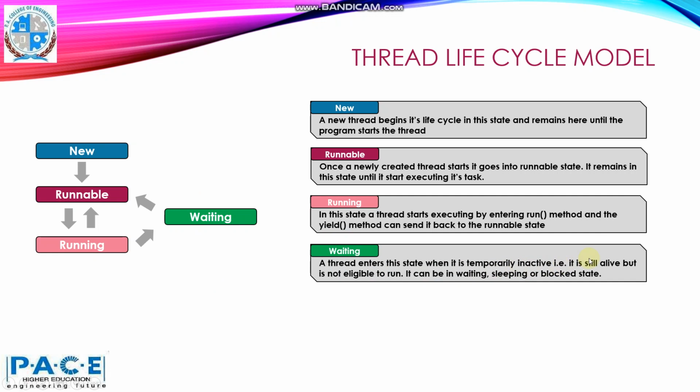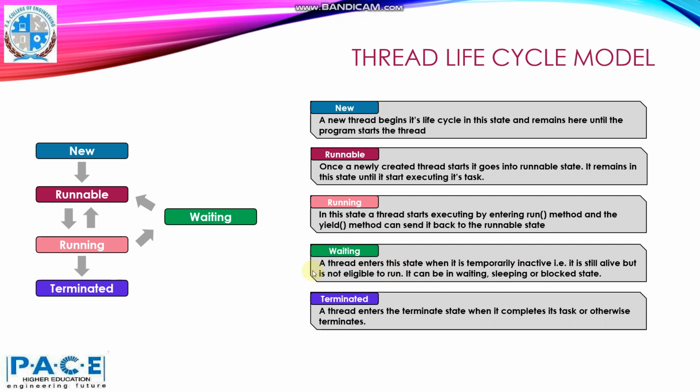That is, it is still alive, but it is not eligible to run. And this happens when a thread is waiting for something, or sleeping, or it's blocked. And finally, the thread goes into the terminated state. A thread enters the terminated state when it completes its task, or otherwise it gets terminated.